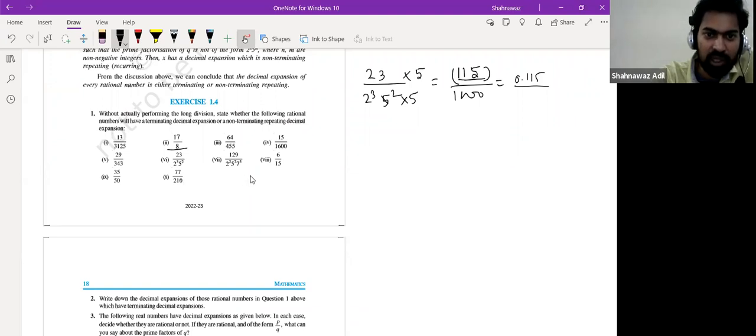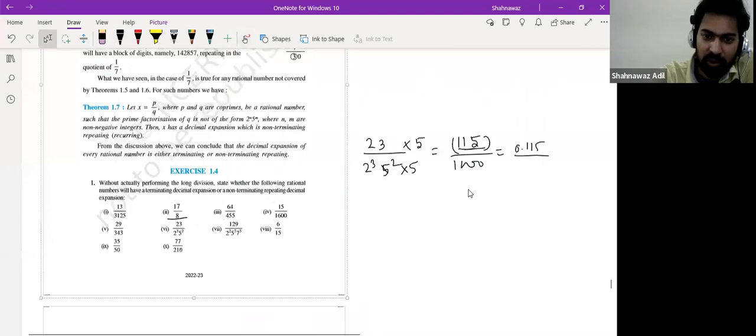You don't have to calculate these numbers, which are not terminating. So in the second question, they only want the decimal expansion of those numbers which are terminating ones, right? Yes, sir.